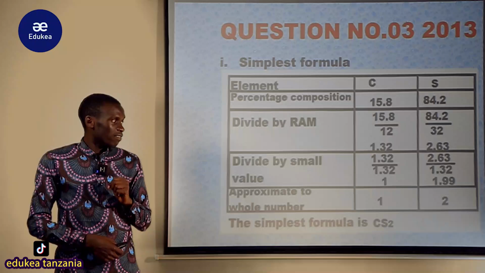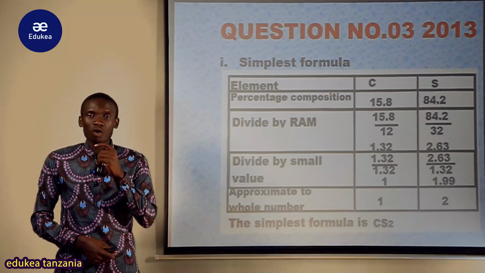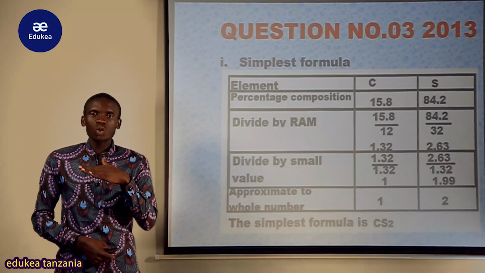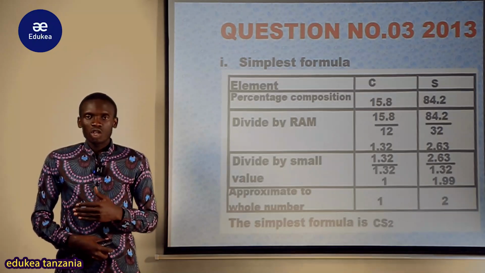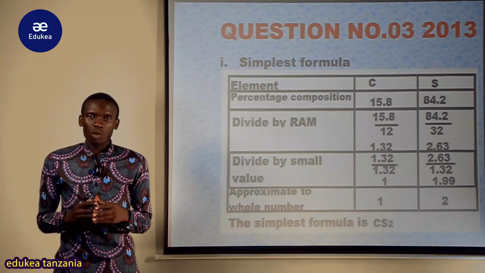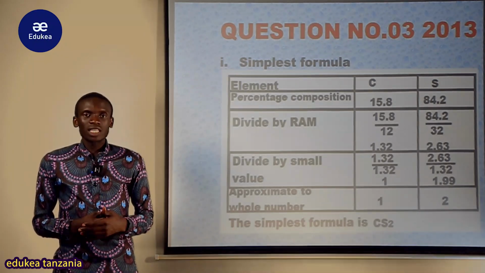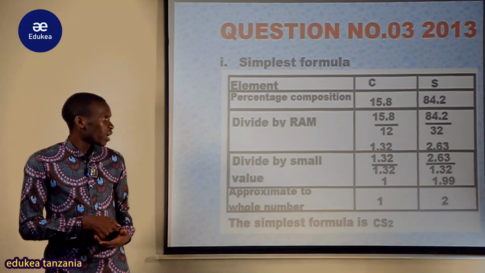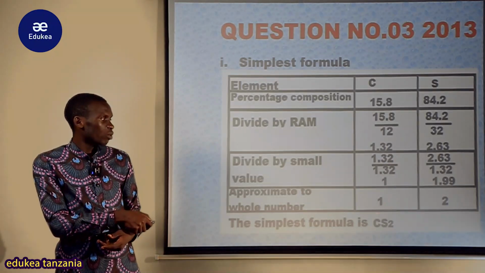Step 5, you have to approximate the results obtained in step 4 to whole numbers. If we have obtained decimals, you have to round them to get whole numbers. For carbon it is already a whole number, which is 1.